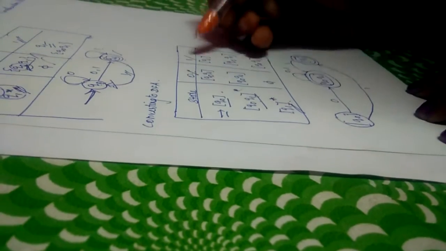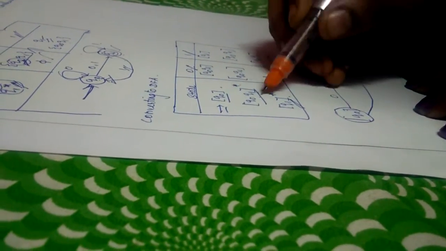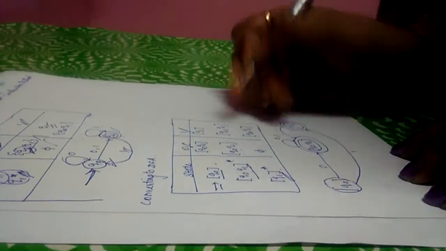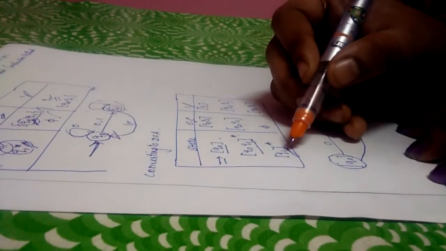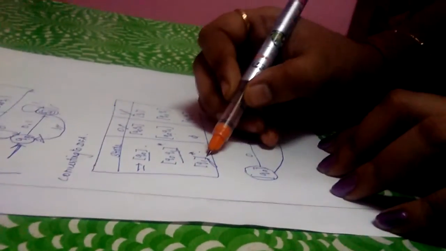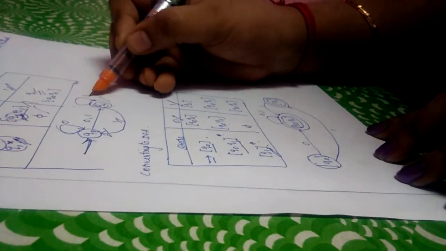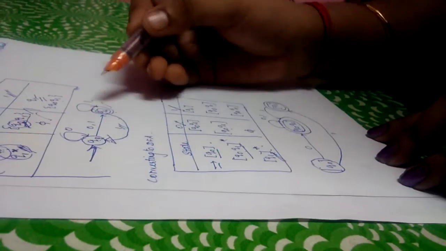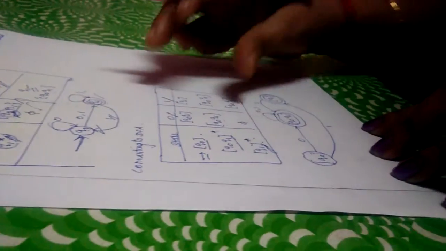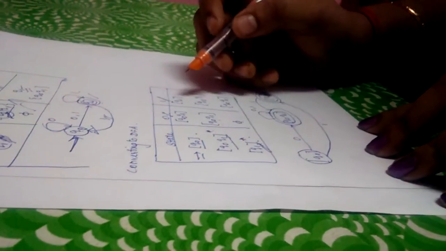So for the input 0 and 1 we have to put the same value, Q0 Q1 and Q0 Q1. From the table, for Q1 star the value at input 0 is phi, and the value of Q1 at the input 1 is Q0 Q1. So we have constructed a table.